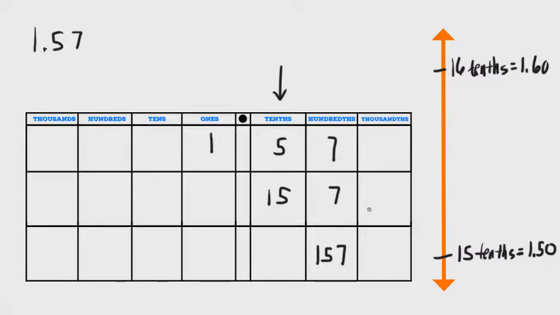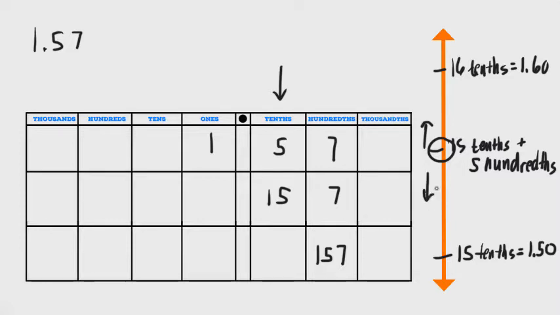Now our number is 157, or 1.57, which is 15 tenths and 7 hundredths. 5 hundredths would be halfway. This is the halfway point. Anything past here is going to go up. Anything below here is going to round down. So in this case, it's 1.57, and we are going to round up.